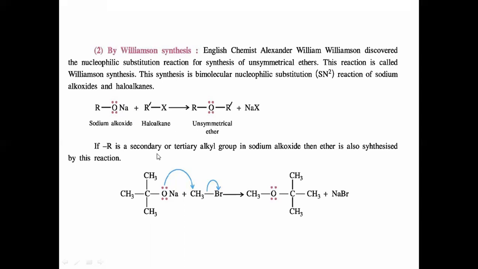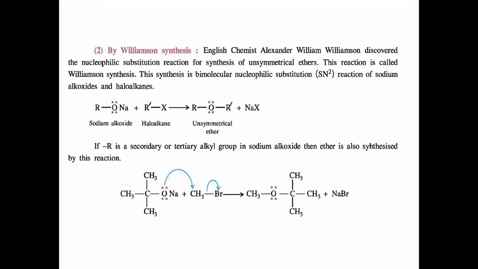If R is a secondary or tertiary alkyl group in the sodium alkoxide, then ether is also synthesized by this reaction. For example, (CH3)3CONa reacts with CH3Br, forming NaBr, and the CH3 replaces the Na, giving (CH3)3COCH3.